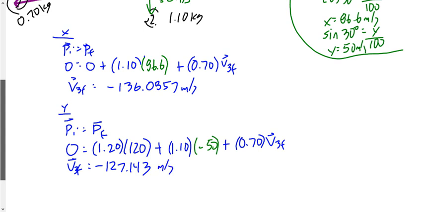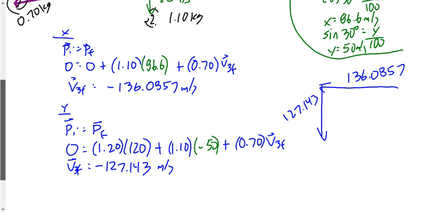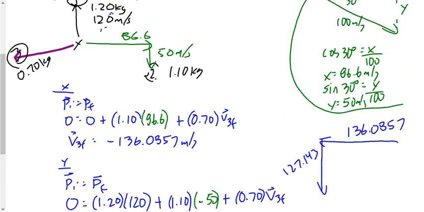Well, now comes the easy part, right? This is definitely the physics 20 part now, where we say we got one that's 136.0857, and we got 127.143. And we can find that resultant by doing the Pythagorean theorem and the inverse tan function.